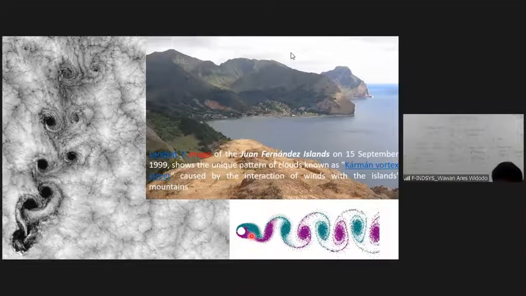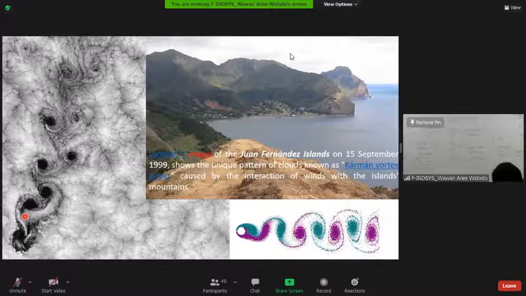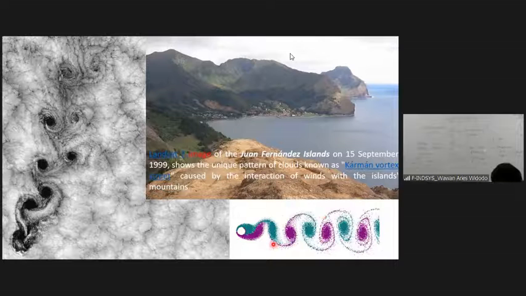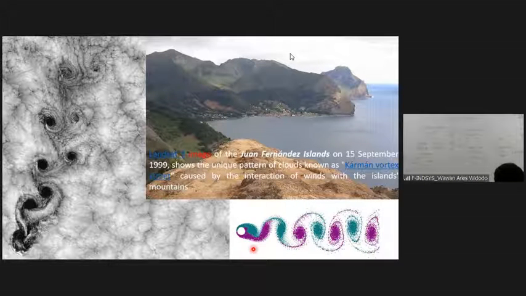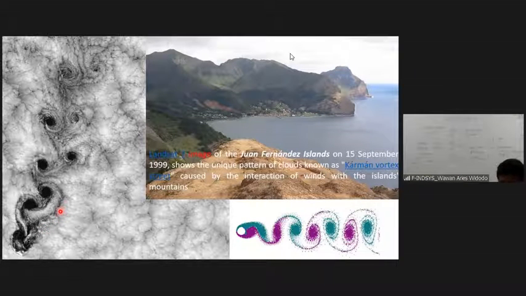The picture here is the same as this one. This is numerical simulation or mathematical modeling, and this is the actual phenomenon captured by the Landsat 7 satellite.